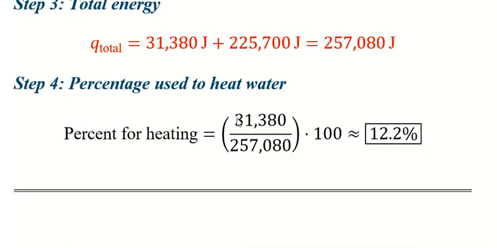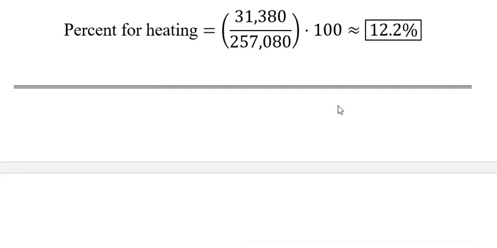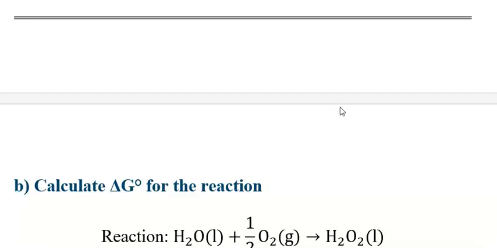Percentage for heating is equal to the heat required to change the temperature from 25 Celsius to 100 Celsius divided by total energy or total heat, multiplied by 100. The percentage used to heat the water is equal to 12.2%. That's the first part of that numerical.